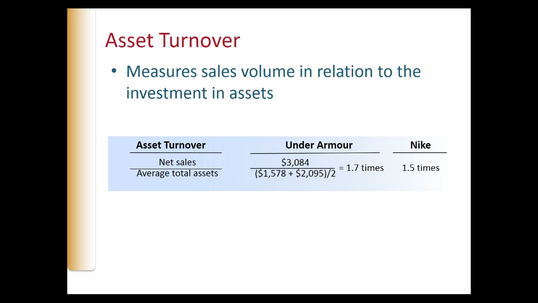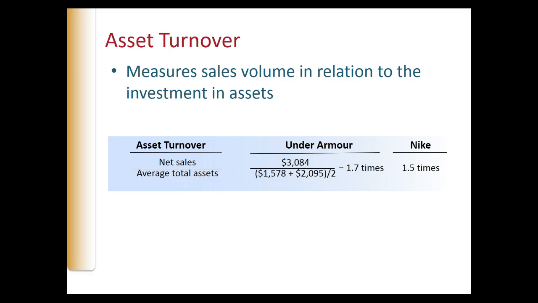Now let's look at asset turnover, the second factor influencing the return on assets. This measures sales volume in relation to the investment in assets. We calculate asset turnover as sales divided by average total assets. This slide presents the calculation of asset turnover.